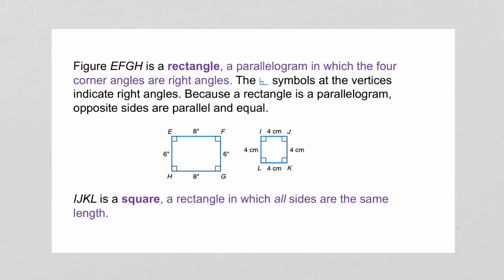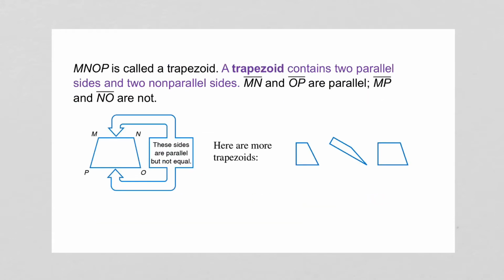A rectangle is a parallelogram where 4 angles are right angles. And yes, the opposite sides are equal, but the definition is that you've got 4 right angles. And then a square is a special rectangle where all the sides are the same length. A trapezoid has 2 parallel sides.